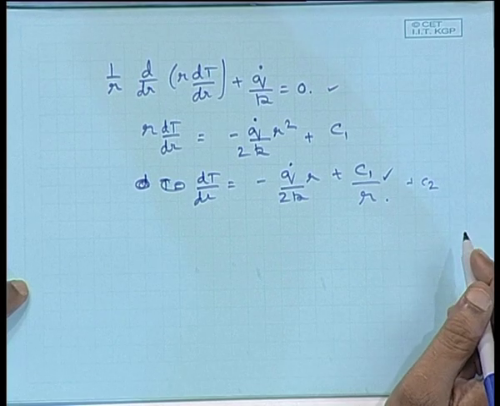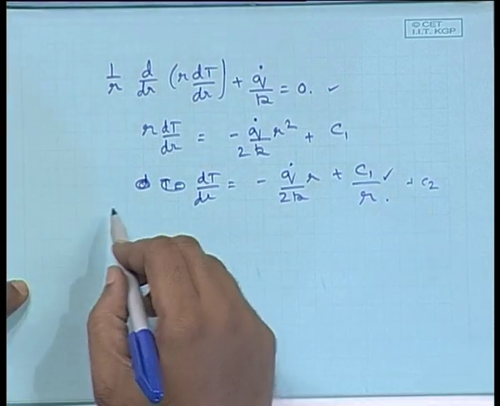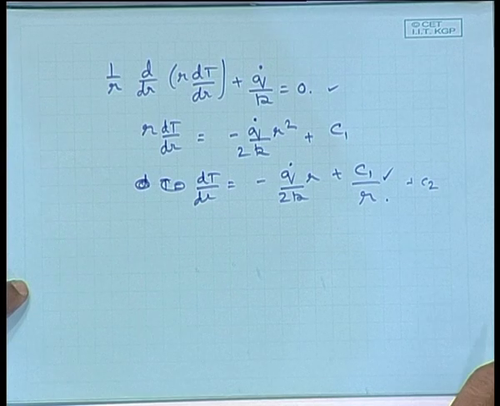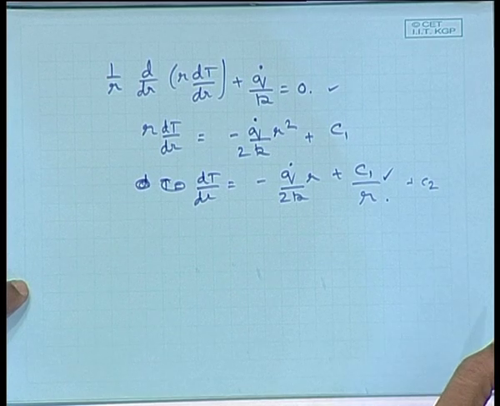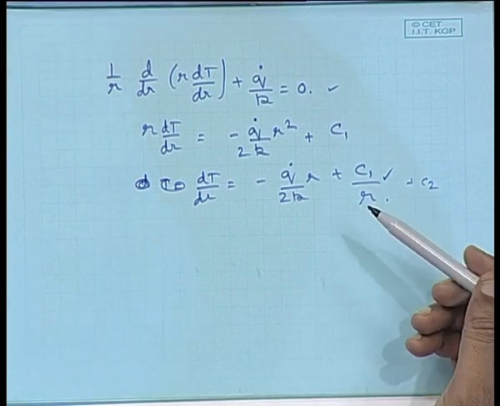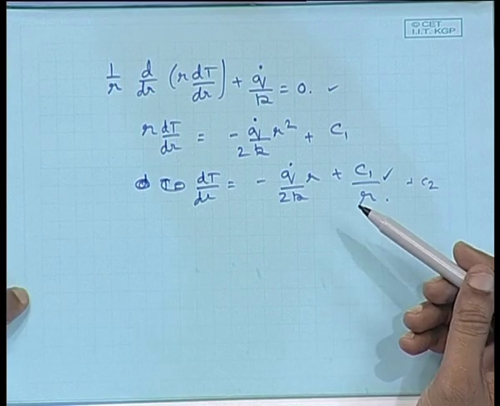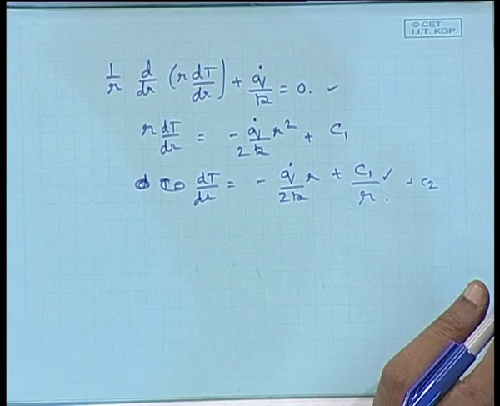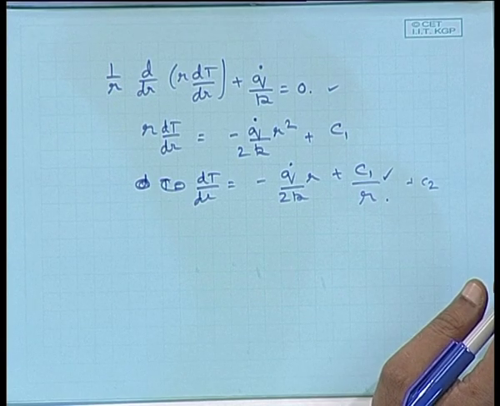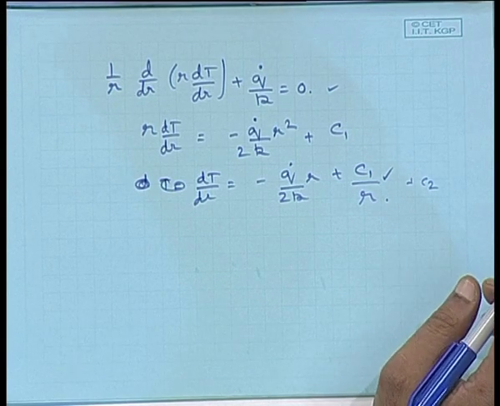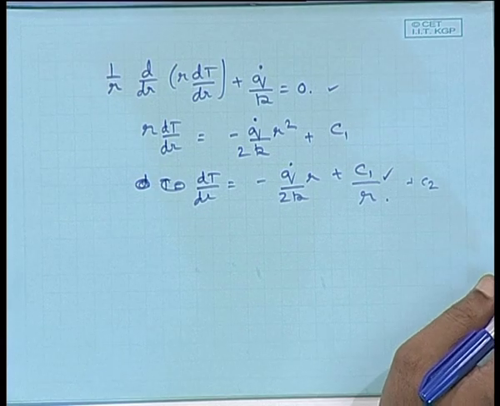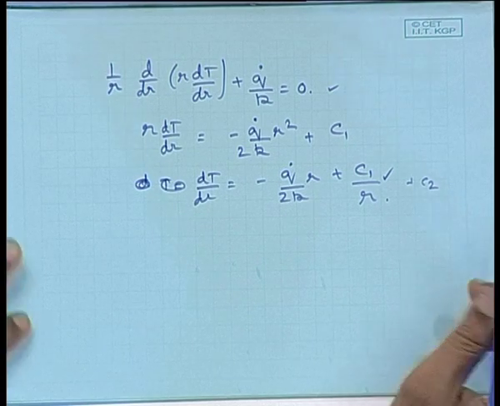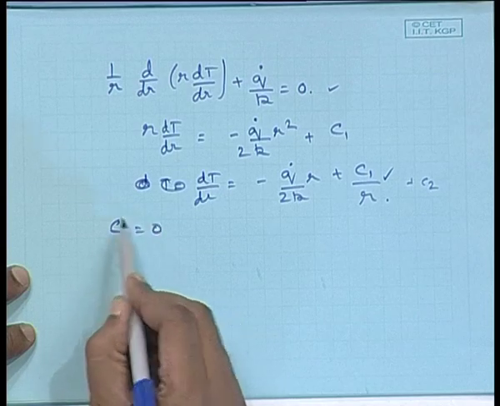These two constants are to be evaluated. Without understanding anything, if you give the problem to someone, a mathematics student, he should be able to tell you, knowing nothing about heat transfer, what would be the value of one integration constant? C1 equal to 0, and why?